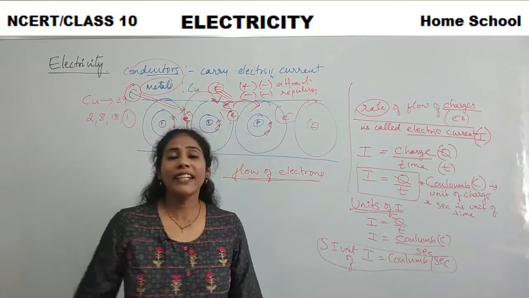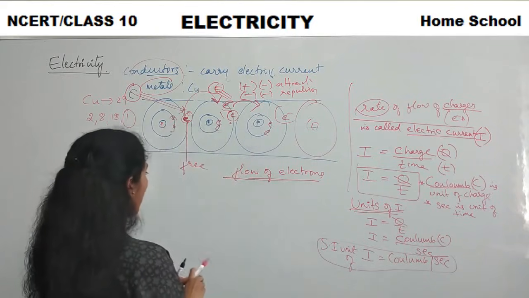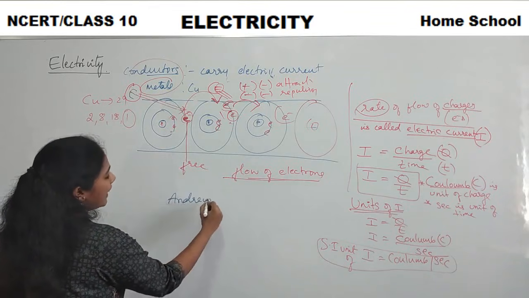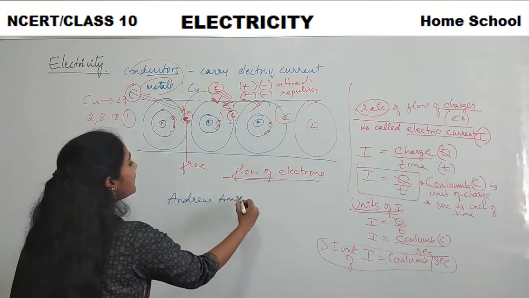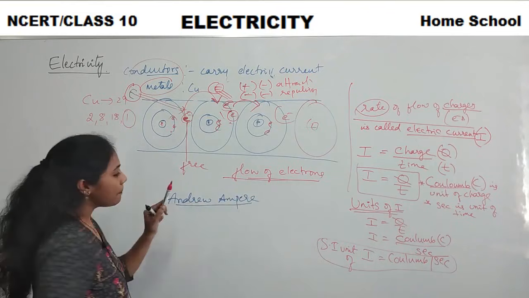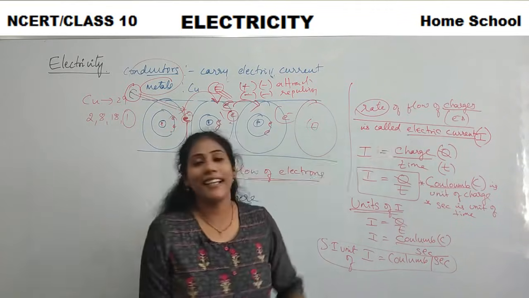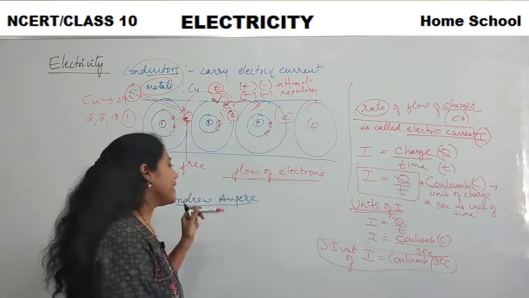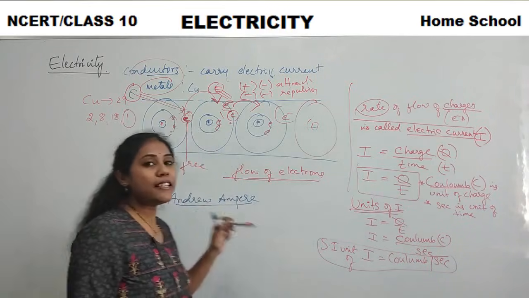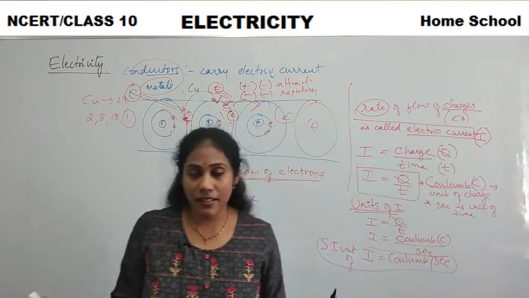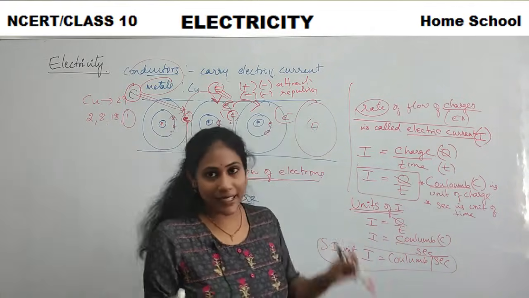But here we have a great scientist called Andrew Ampere, and this person has made a lot of contribution regarding electric current. He studied so many things, did so many experiments, and gave a lot in the field of electricity.